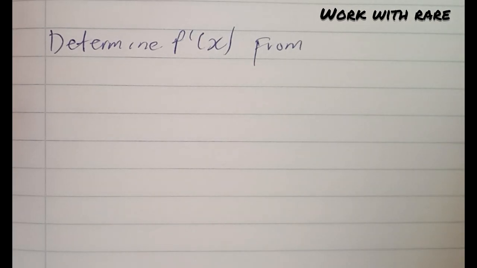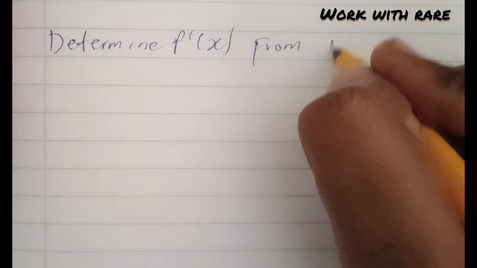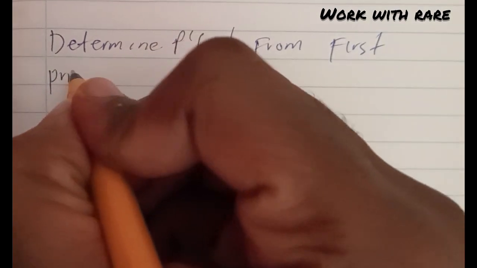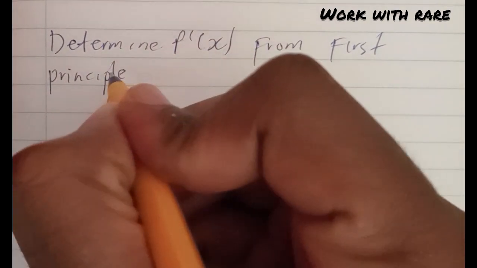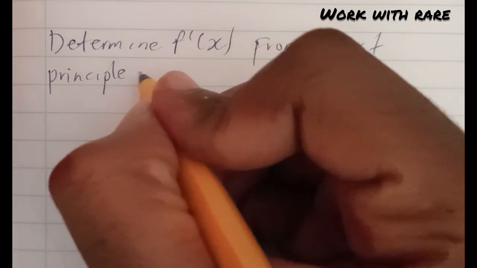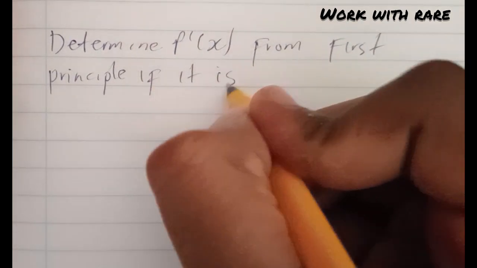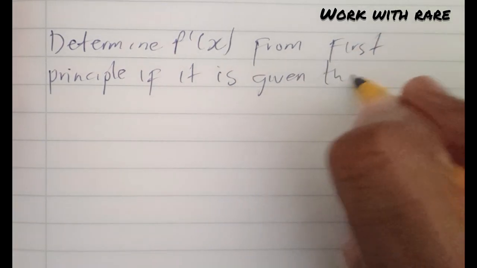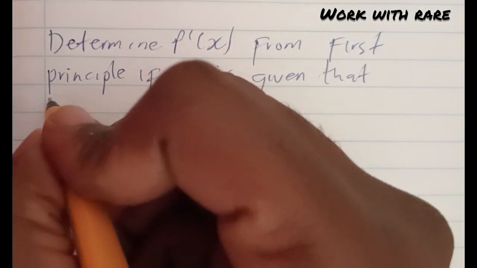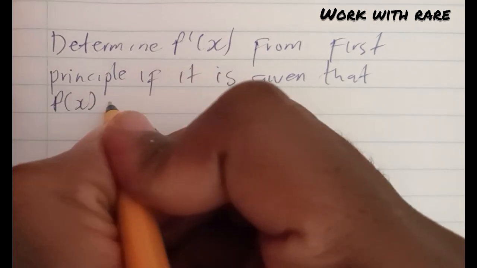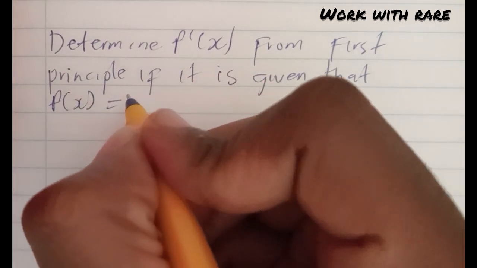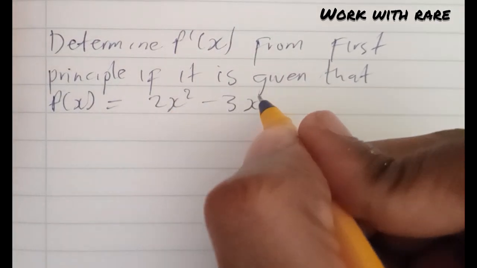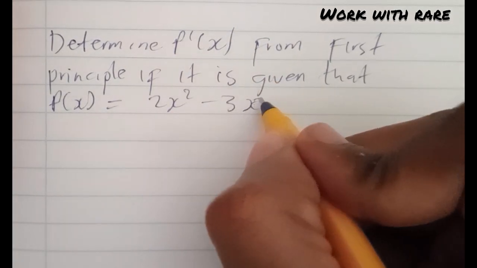From first principle, if it is given that f at x is equals to 2x squared minus 3x.